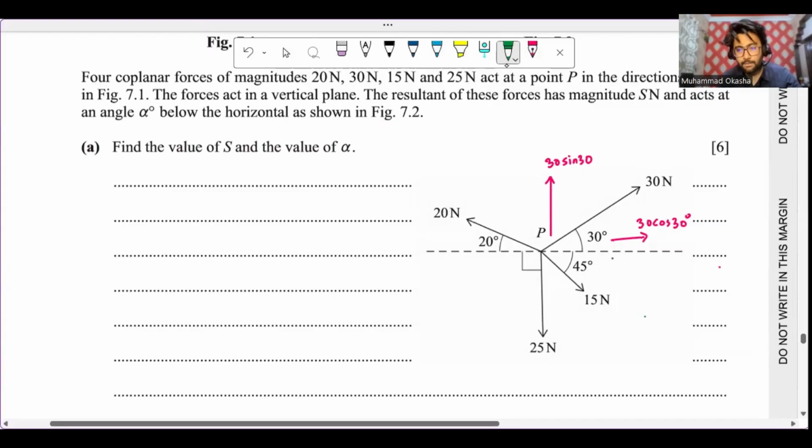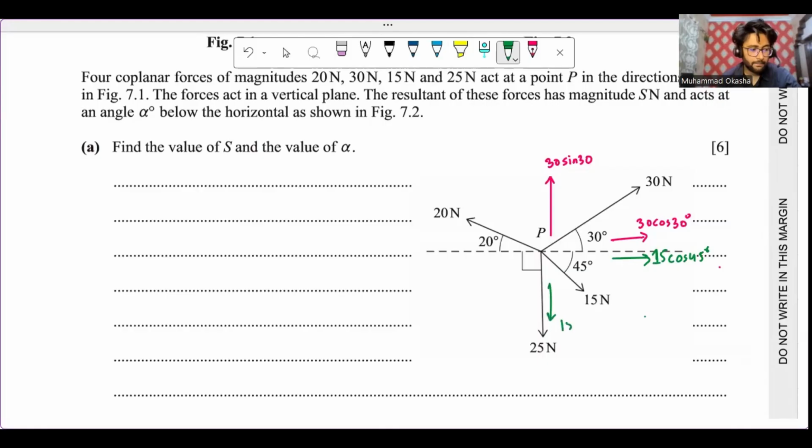For the 15 Newton force, the horizontal component is going to be 15 cos 45 degrees, and downward we'll have 15 sine 45 degrees.